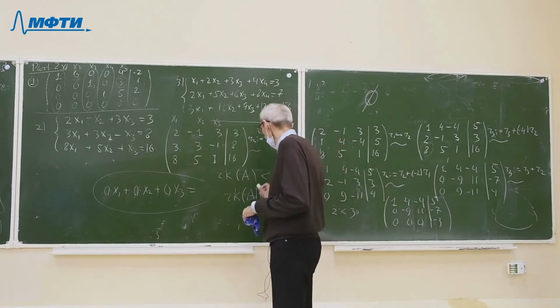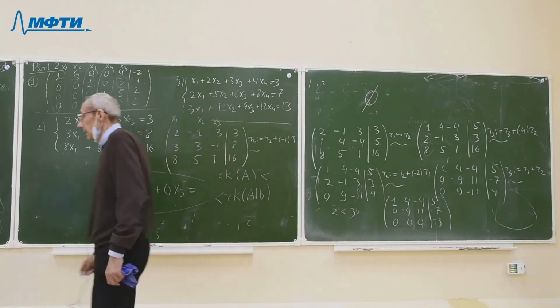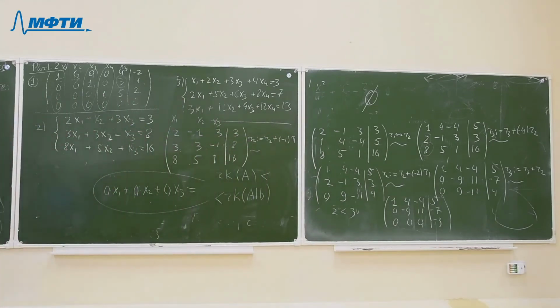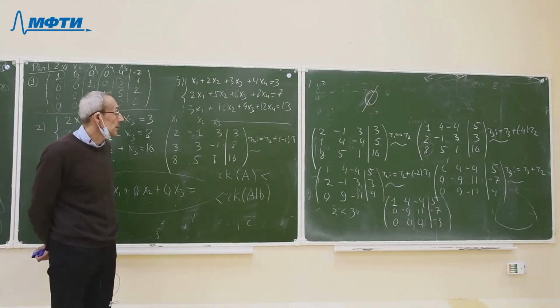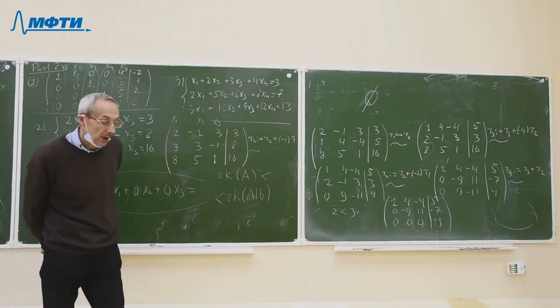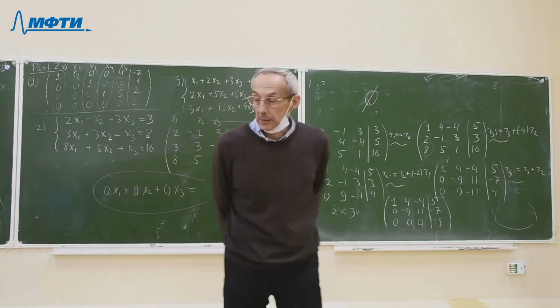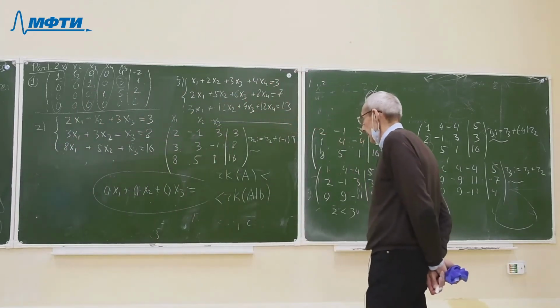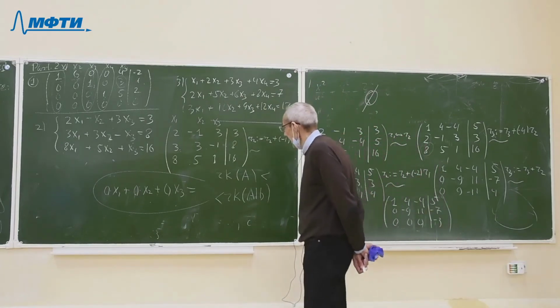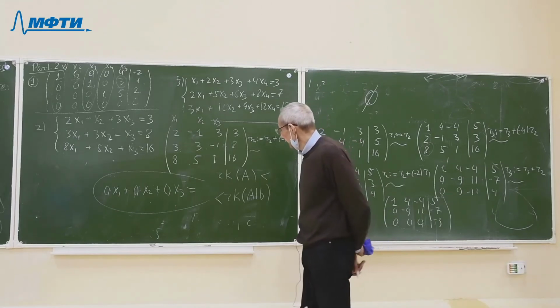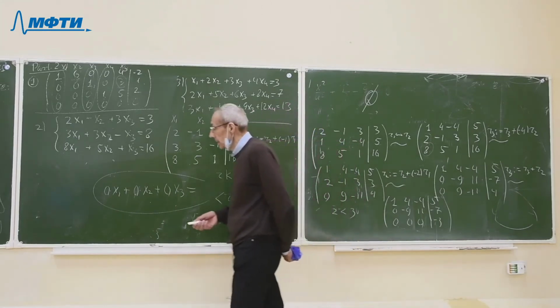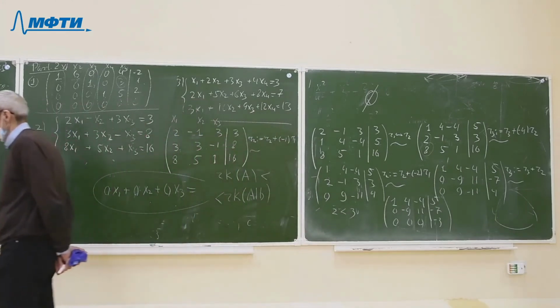If the rank of the matrix is less than the rank of the augmented matrix, the set of solutions is empty. Later we will prove this theorem, which is called the Kronecker-Capelli theorem, and we define the rank of an arbitrary matrix.